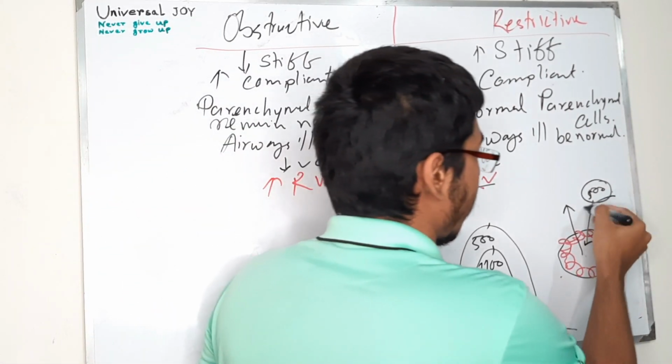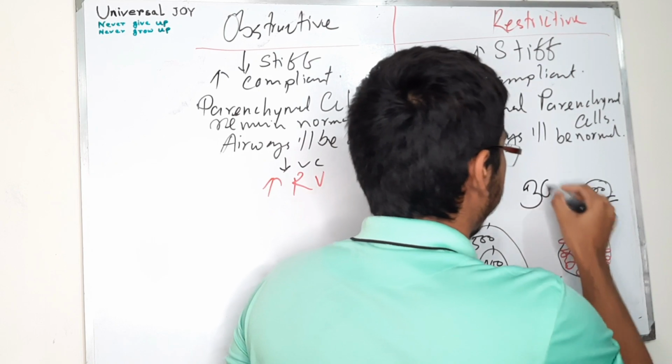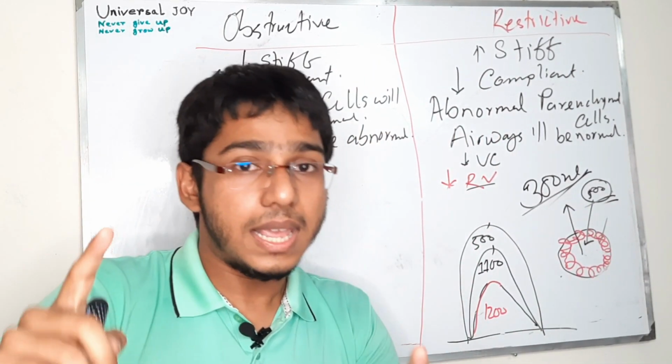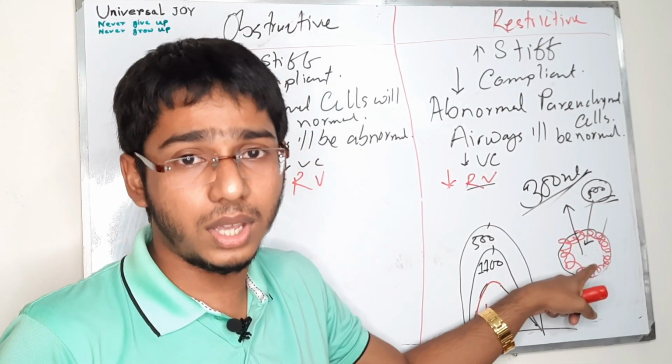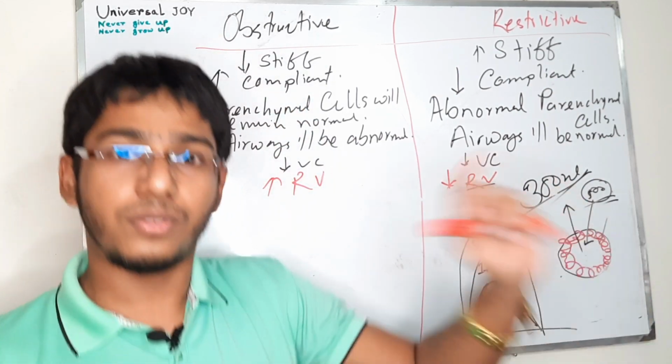For example, let's say instead of 500 ml, it allows only 300 ml of air to be expelled during tidal expiration. Because there is obstruction, it does not allow the same amount of air to move outward from the interior of the lung.